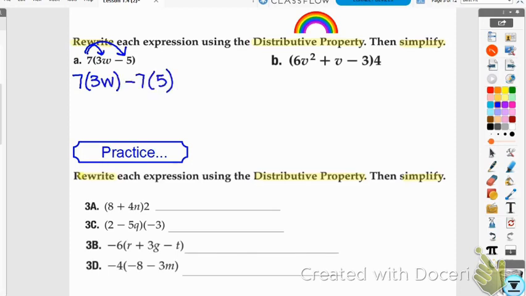And when it says simplify, you have to combine some of the coefficients. So 7 times 3 is 21w, and 7 times 5 is 35. We'll get into what like terms mean later, but you can't put this together because one has a w and the 35 does not. So 21w minus 35 is your final answer.